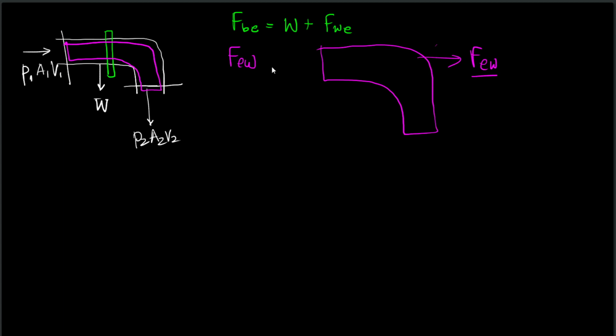Just to recap, the force on the bracket because of the elbow is equal to the weight of the elbow plus the force of the water on the elbow. So we are to find out what is the force on the elbow due to the water.